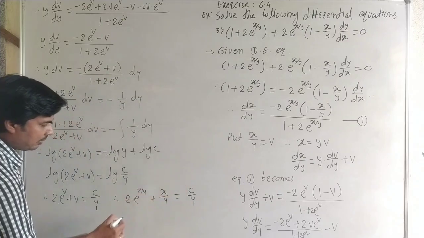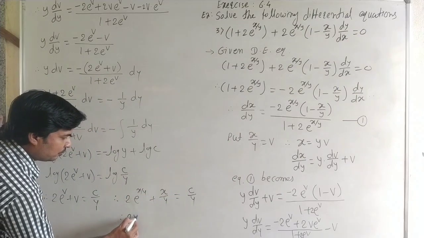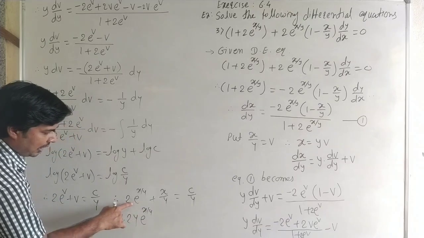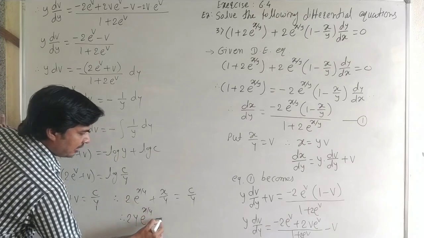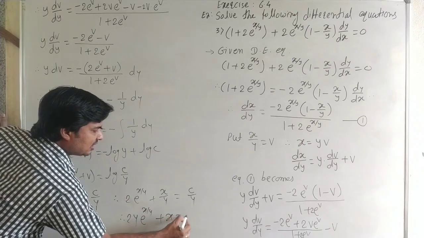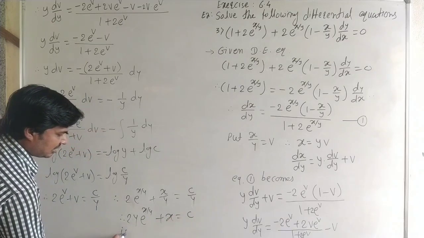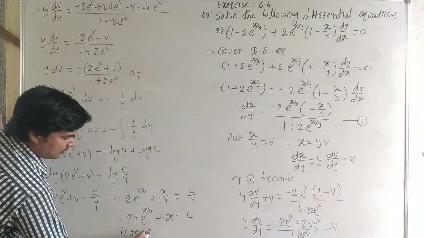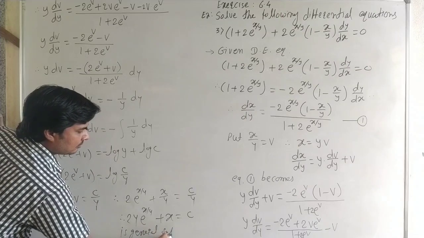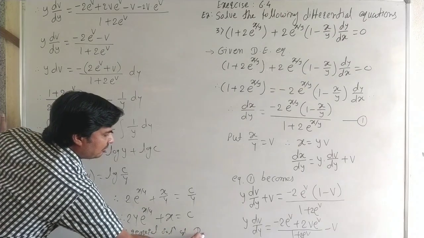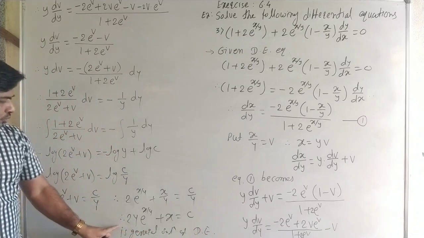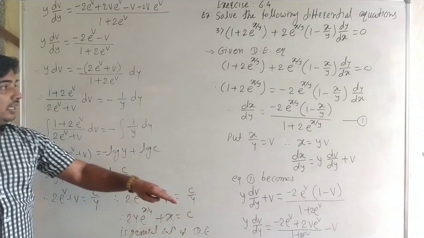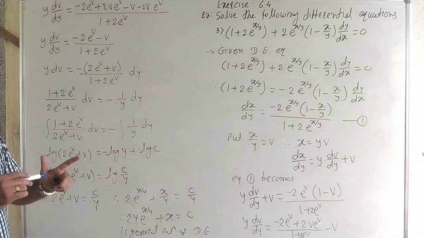Now throughout multiplying by y, therefore it is 2y e raised to x by y plus x is equal to c, is the general solution of the given differential equation. 2y e raised to x by y plus x is equal to c. It is a general solution of this differential equation.